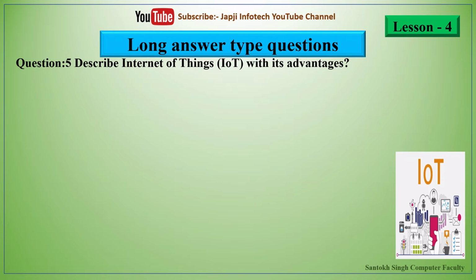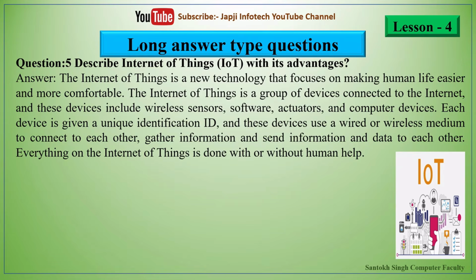And the fifth one is: describe the Internet of Things with its advantages. So the Internet of Things is a new technology that focuses on making human life easier and more comfortable. The Internet of Things is a group of devices connected to the Internet, and these devices include wireless sensors, software, actuators, and computer devices.